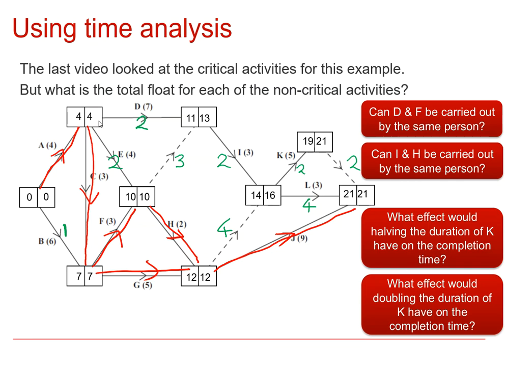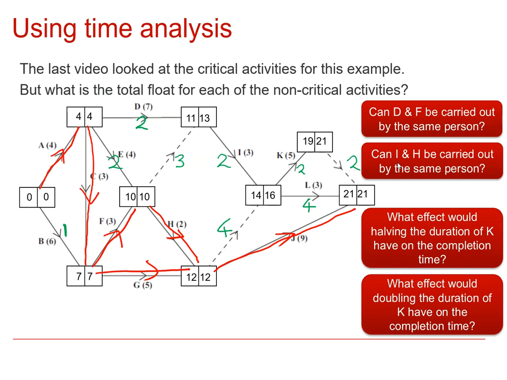Now, if we started D at 4, it has a duration of 7, so it would take from 4 to 11, and it would completely overlap with activity F, so that would be no good. Even if we delay it to the latest that D could possibly start, which must be 6, in order for it to be finished by 13, it's still going to overlap completely with F. So definitely not is the answer to the first question.